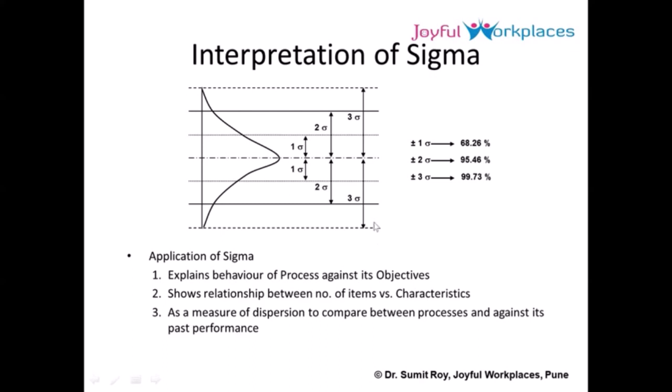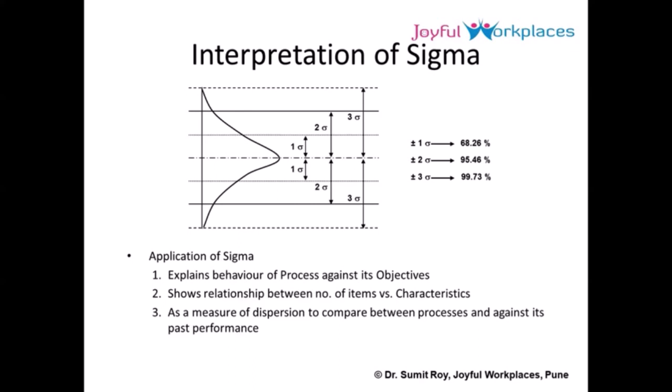Now what is the advantage of that? The advantage is that if you are in a process, you have a dimension, you measure the dimensions of a certain number of samples. Say, for example, you have collected 50 samples and you find the standard deviation using a calculator, or you put it in Excel and find out sigma.